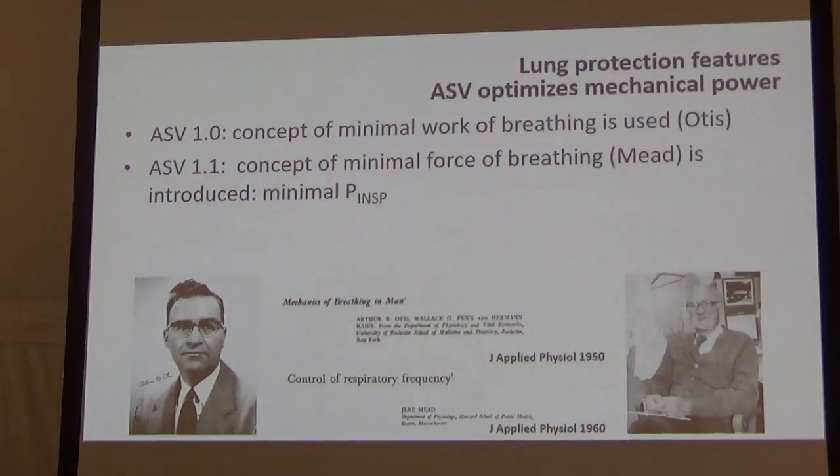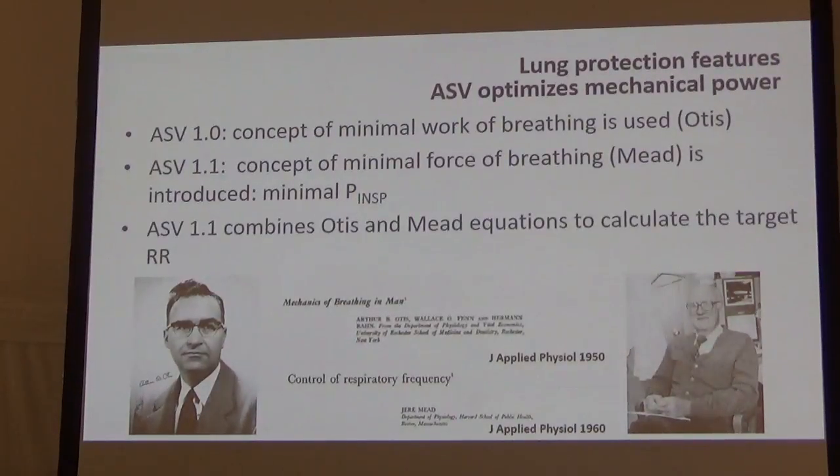What is the difference? The minimum force of breathing is the minimum inspiratory pressure for a given minute volume and a given respiratory mechanics. And so the new version of ASV that is available for more than 2 years now combines OTIS and MID, so it combines the minimum work and the minimum force of breathing. And this is more or less the minimum mechanical power for a given minute volume.